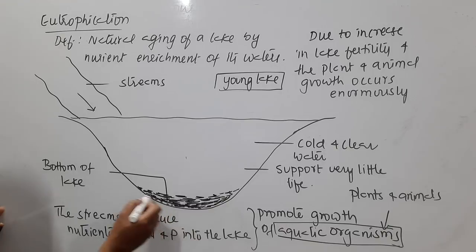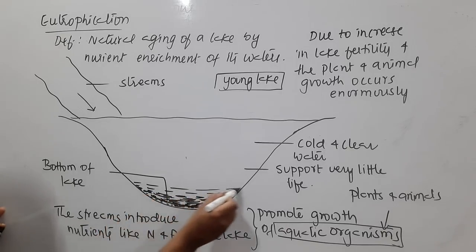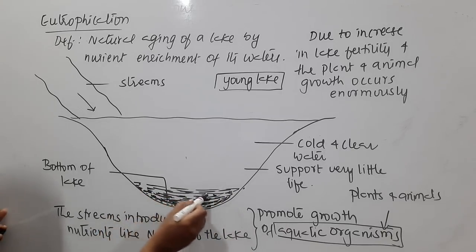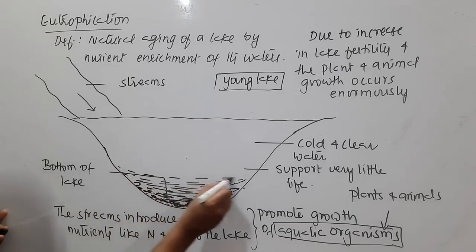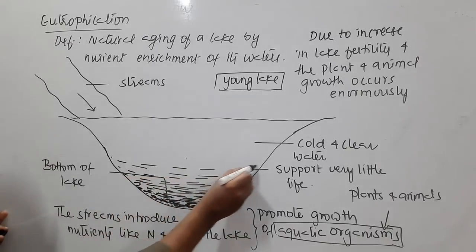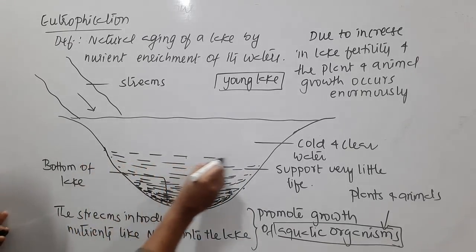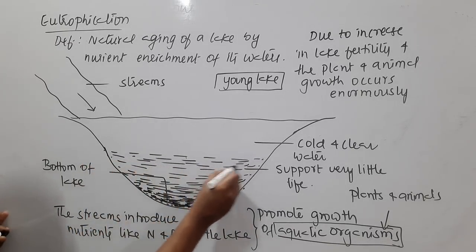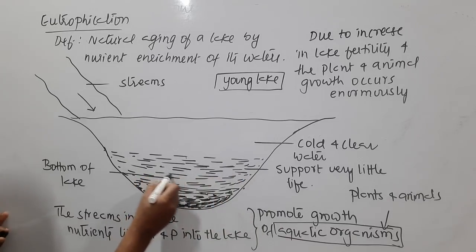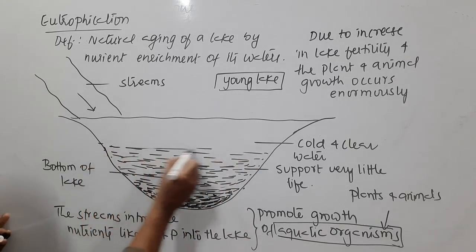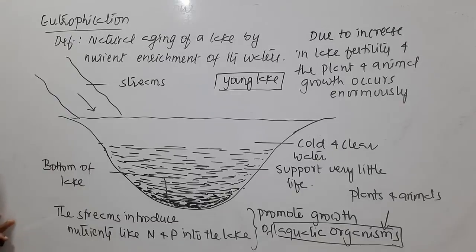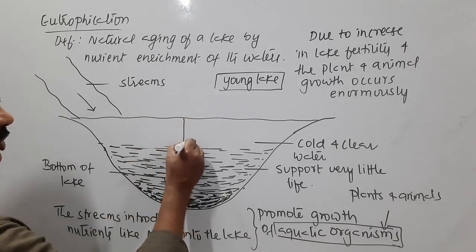And slowly as the time passes, now you can see a lot of debris piled at the bottom of the pond. And as the time passes, the pond grows shallower and shallower, you can see here. In course of time, you can see the depth of the pond became very less, so it became shallower.